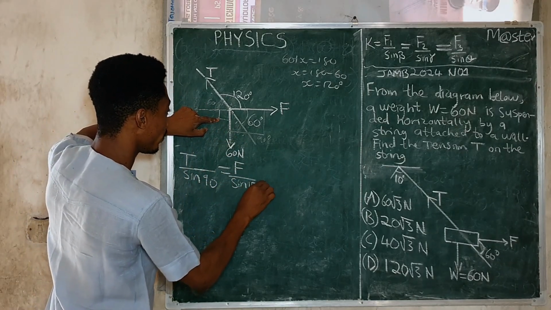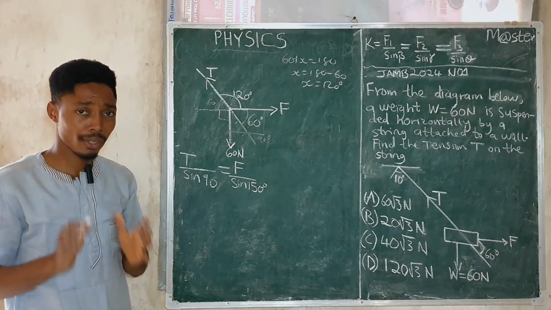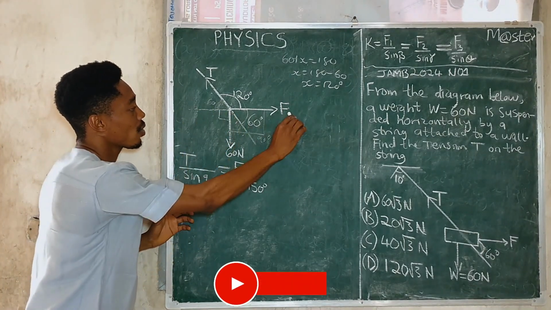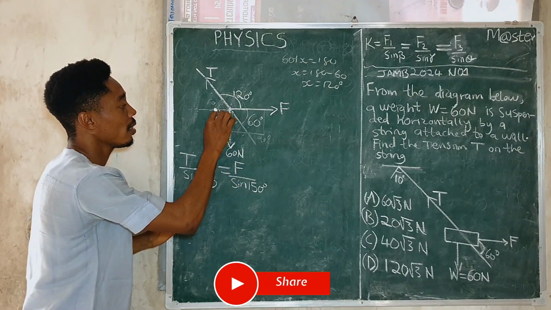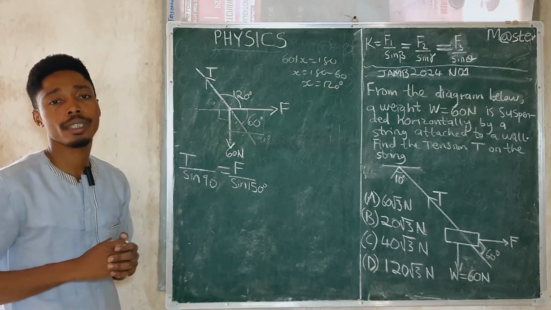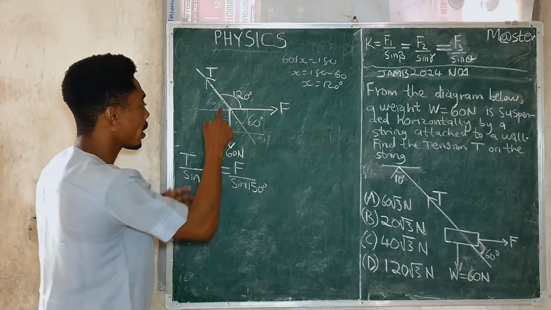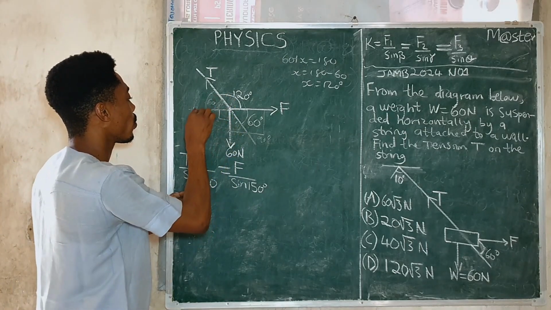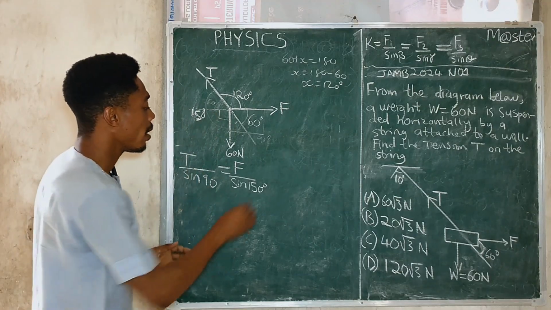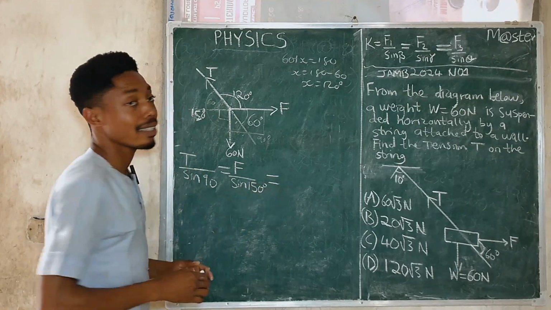I just hope you've gotten what I just did there. I extended this. This is another straight line, 120, 60. Of course, this is a right angle. Having done that, we now say that the whole of this is 150 degrees.